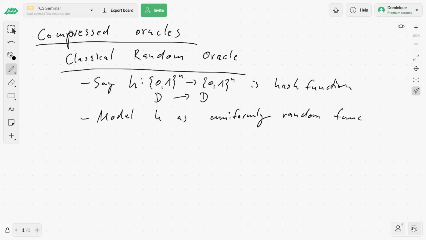Why do we do that? What is the purpose of having a uniformly random function as an idealization of a hash function? Well, the advantage is that this makes security proofs in many situations much simpler.